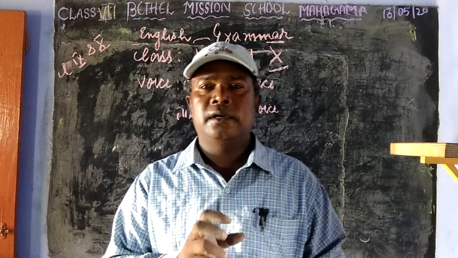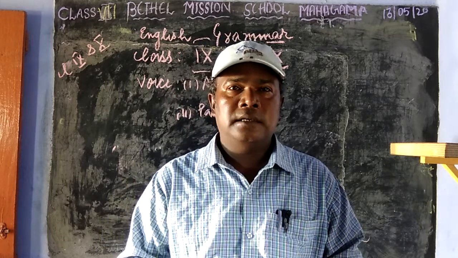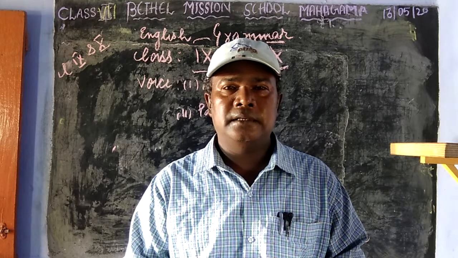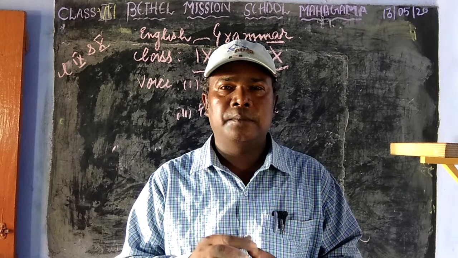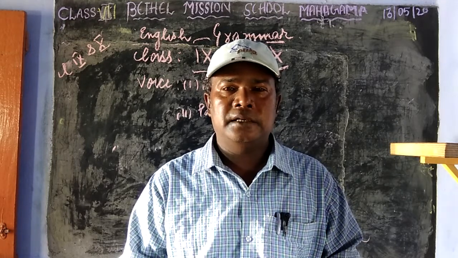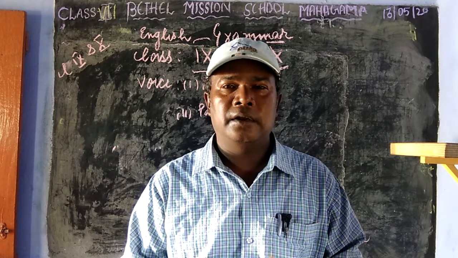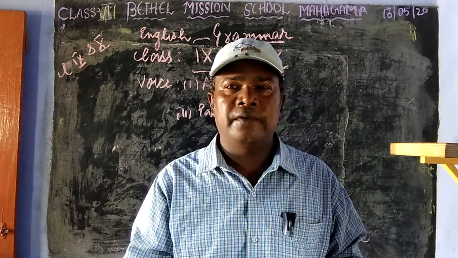In past tense also, I had told you about simple past tense, past continuous tense, past perfect tense, and past perfect continuous tense. In future also, I had told you about simple future tense, future continuous tense, future perfect tense, and future perfect continuous tense. So these are just a revision of what I had told you in the previous classes.